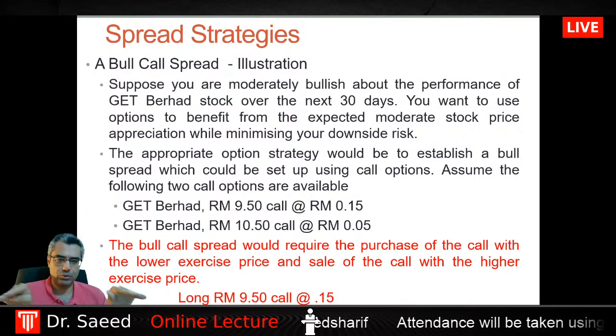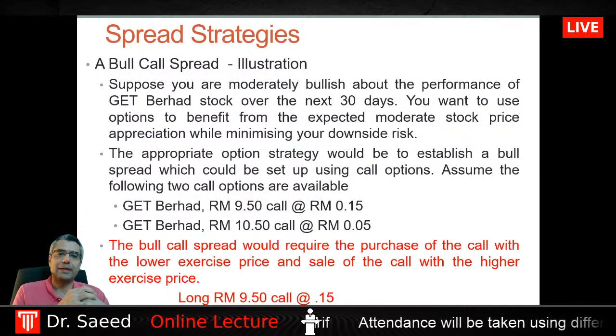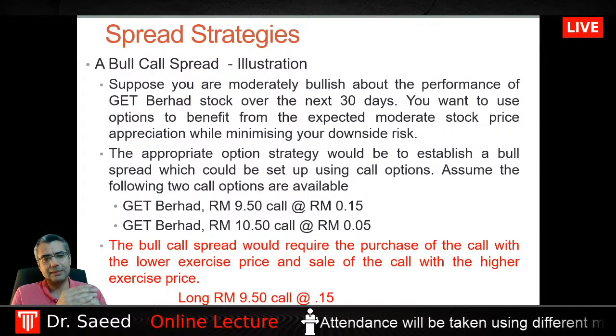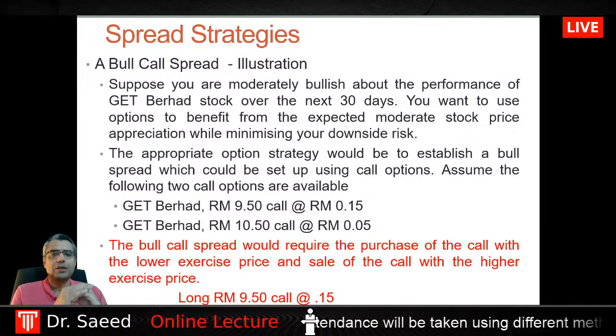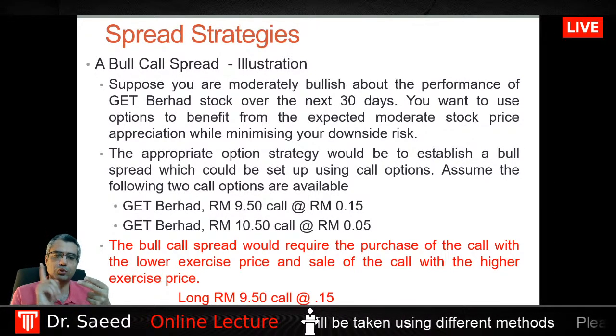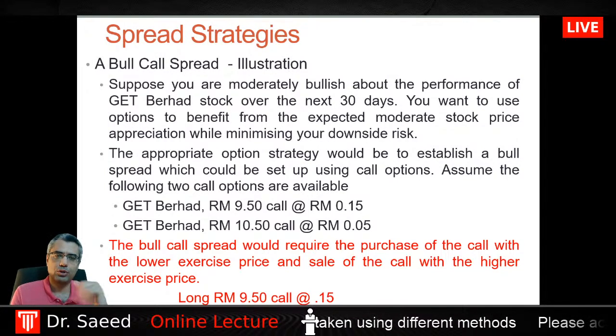You want to limit your risk, your loss. So what you may do is you may use a bull call spread. How to implement a bull call spread? You need to use two calls at different prices. So you long the cheaper call and you short the other call, and this is called a bull call spread.